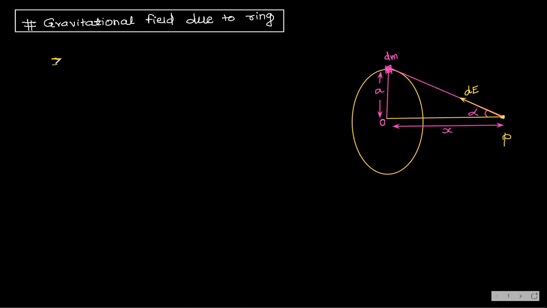Now see, if I want dE here, as we know, the gravitational field intensity formula is Gm by r square. We have learned this formula, how we got it also. Now here, the gravitational field intensity dE is equal to G into small mass dm divided by this distance.